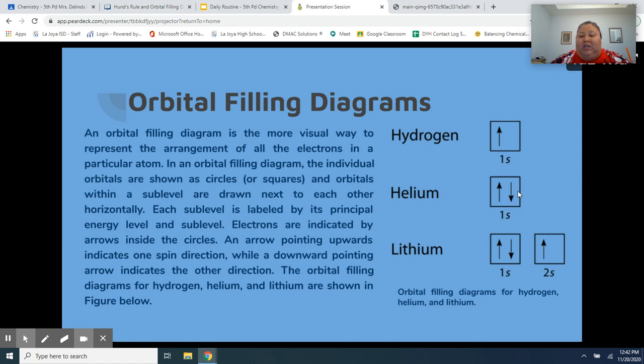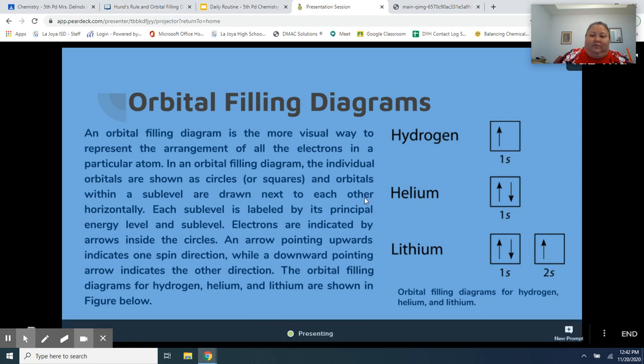Lithium has 3 electrons. Since the first energy level is already full, it has 2 electrons. That third electron that lithium has to go in energy level 2, orbital S. Okay?